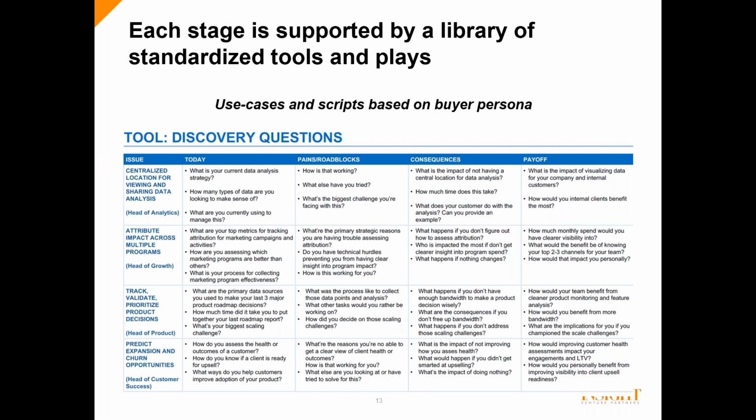What are some of the pain points and roadblocks with working with these roles, and questions and things you should think about. What this does for the team is it, again, gets everyone on the same page, speaking the same language, and this makes everyone just as effective with all of your different types of buyer personas.